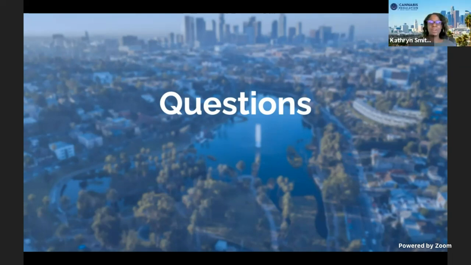I think this is part 2 of that question. Someone asked, do they have to live in LA or just LA County? It's how you've been verified as a social equity applicant. I'm not sure if this question is asking, how do you get verified as a social equity applicant? Do you have to live in LA to be verified, or LA County?